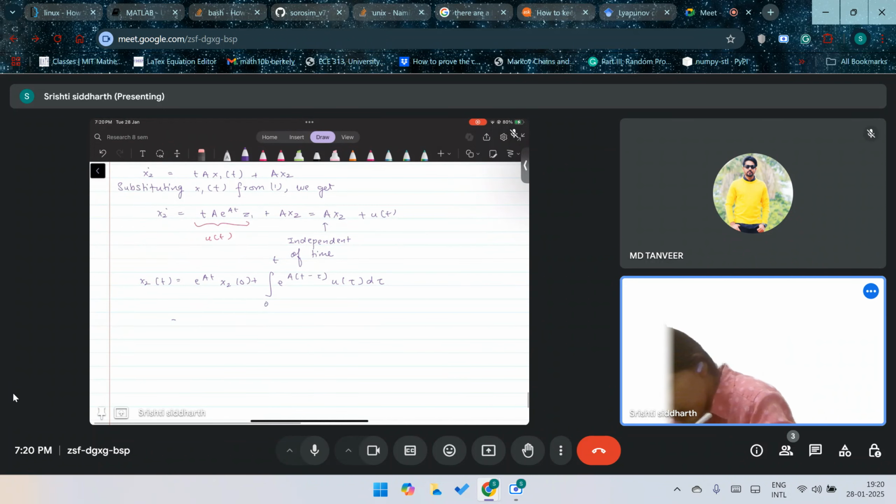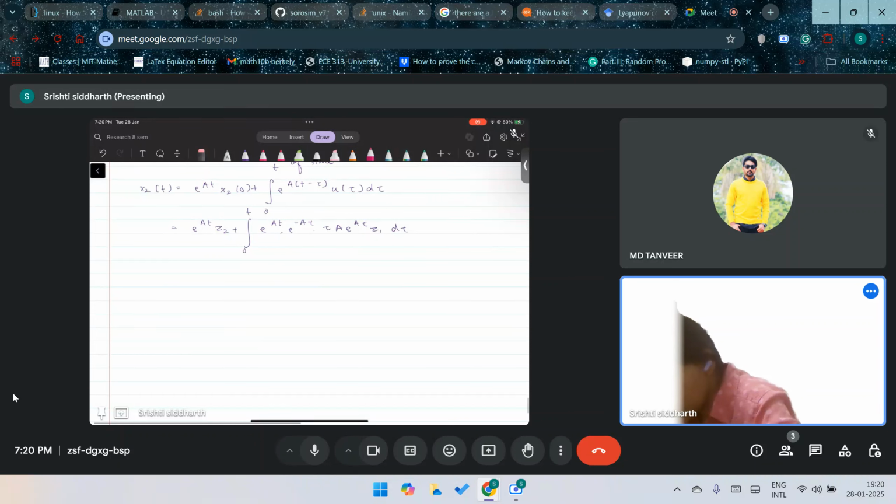So we have e to the power At times z2 plus e to the power At into e to the power minus A tau, times tau A times e to the power A tau z1 d tau.